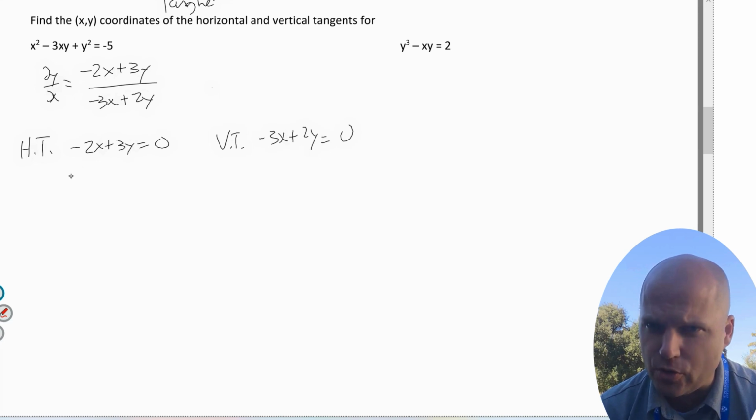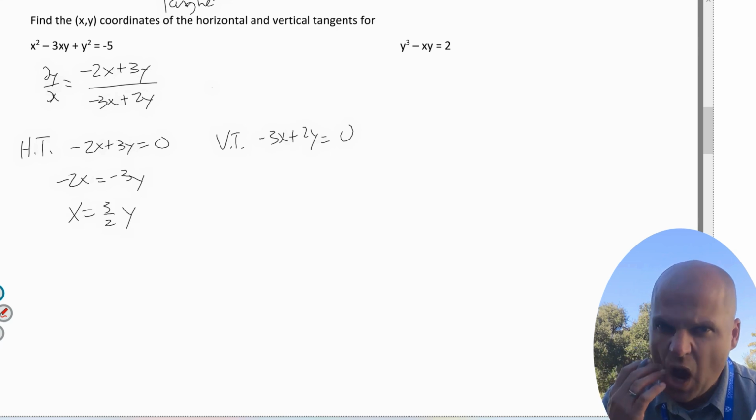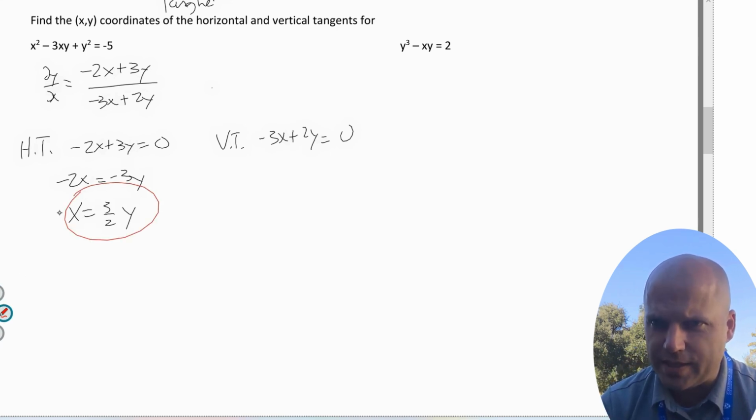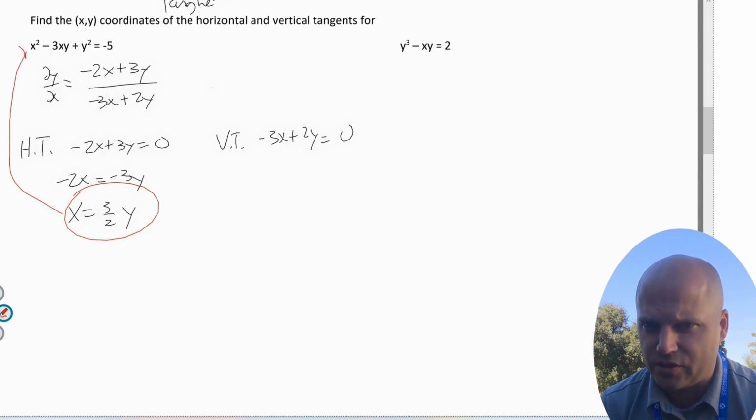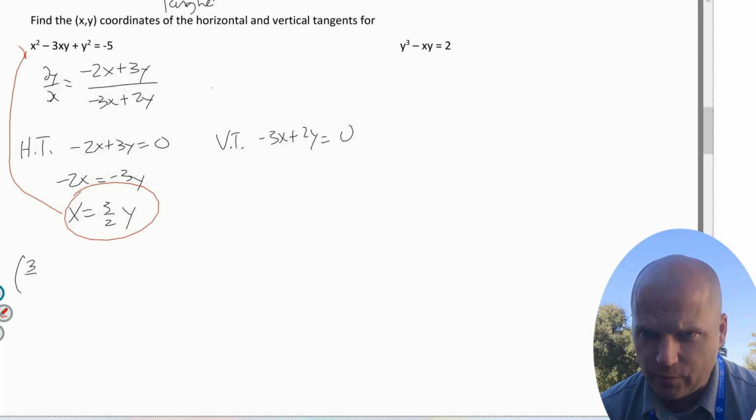But I want to show you how it doesn't matter what variable you solve for. I'm going to solve for x here. And then what we do is we take that and we substitute it into the original equation. Now, when we do that, we need to do it carefully. Use parentheses.